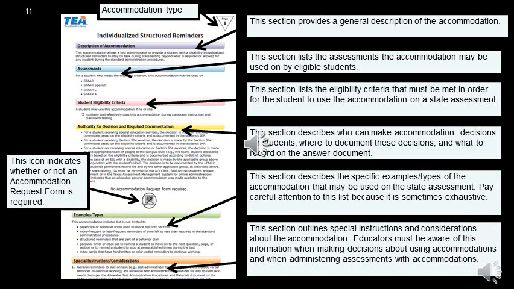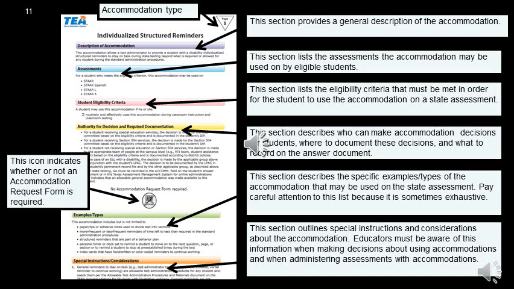Each accommodation on the triangle has a corresponding document which includes a description of the accommodation, the assessments the accommodation may be used on by eligible students, student eligibility criteria, who can make the accommodation decisions for students, where to document these decisions, and what to record on the answer documents, specific examples and types of the accommodation that may be used on the state assessment.